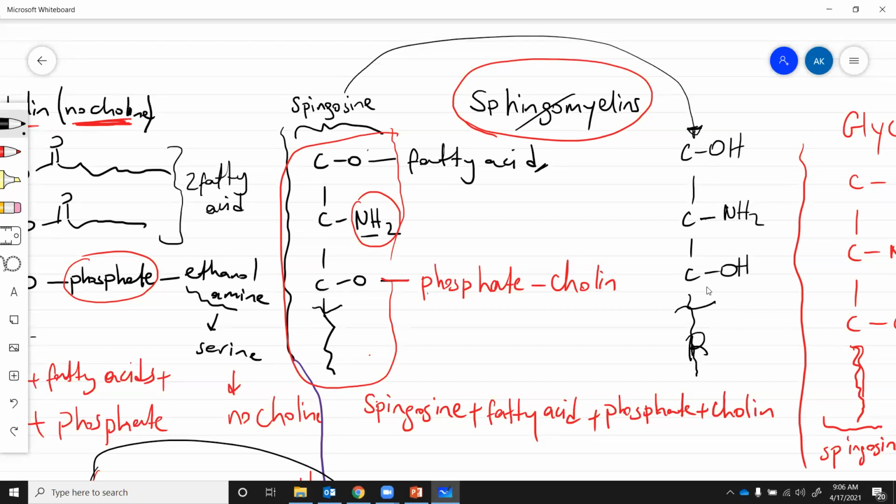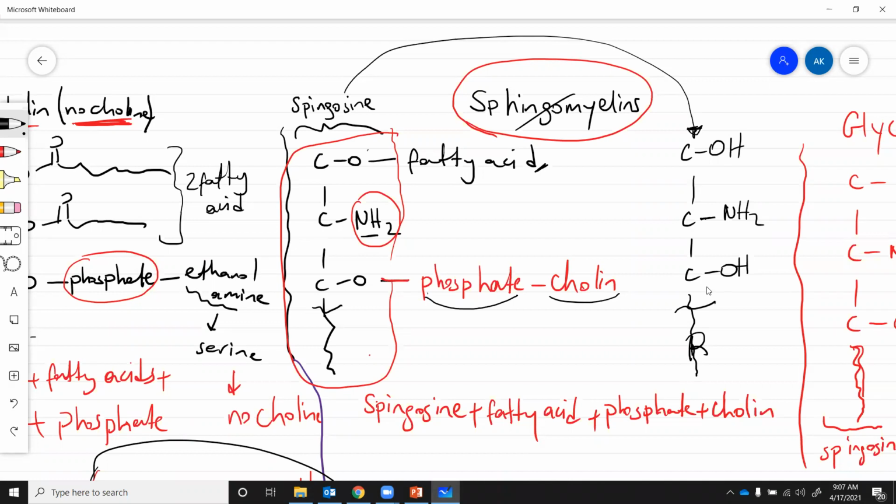In the first position, I'm attaching my fatty acid without a problem, and the amine is staying as it is. On the second one, just like the lecithin, I have my phosphate group attached to a choline. Remember my friend choline? If you have this structure, then we are going to call you a sphingomyelin.